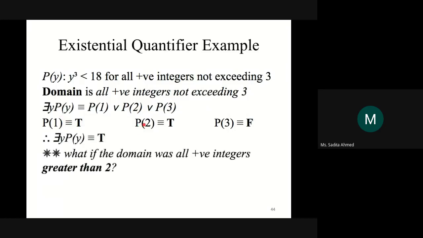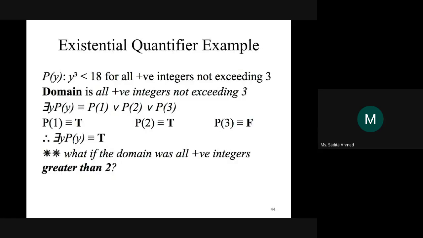Now, what if the domain was all positive integers greater than 2? Then it would be false. First of all, what would you have in the domain now? 3 and more. Real numbers starting from 3? All positive integers starting from 3. That is 3, 4, 5, 6, and so on until infinity, right?